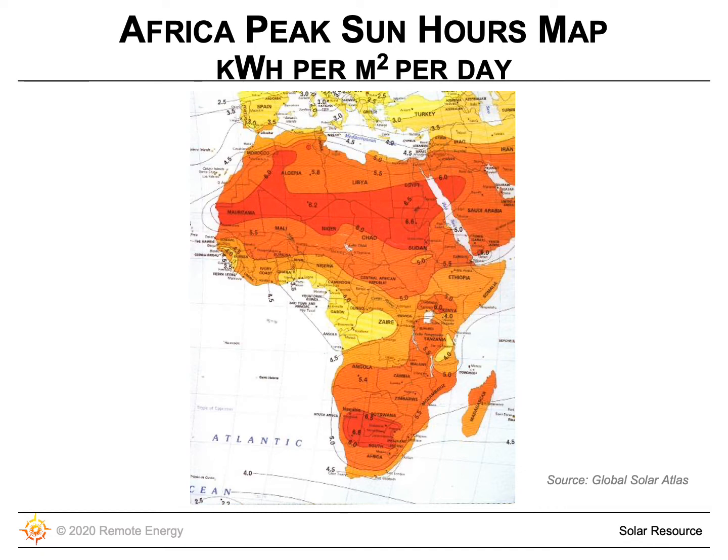Keep in mind that a peak sun hour is equivalent to 1 kilowatt hour per meter squared. So when we see these maps, sometimes the map will say that we're looking at kilowatt hours per meter squared. Sometimes they'll say we're looking at peak sun hours. They're the same thing. We just need to remember that 1 peak sun hour is equivalent to 1 kilowatt hour per meter squared per day.